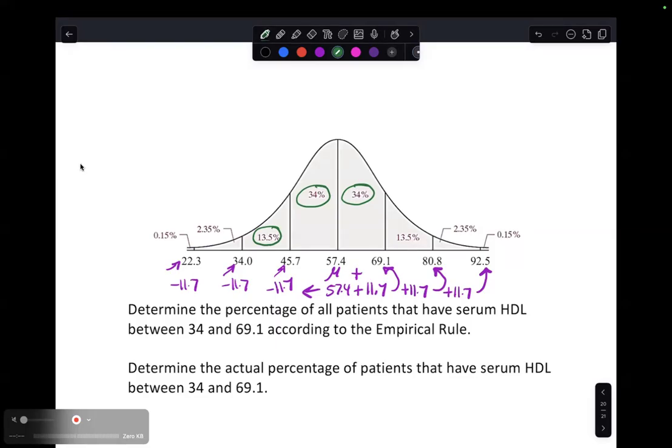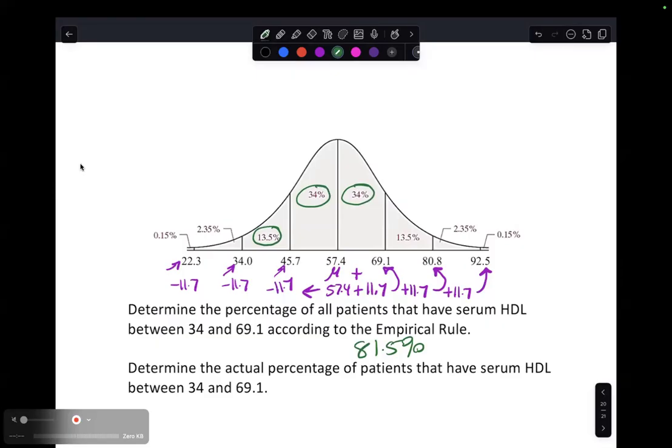That's not right. 68 plus 13.5. I apparently can't add. So 81.5% is how many patients have serum HDL between 34 and 69.1. I just added those percents together. See, drawing a picture is so helpful. It is draw and label.